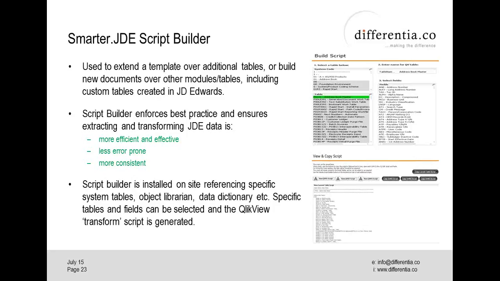So I developed the script builder to assist me with that process, and obviously recognised the benefits that this could be used for clients as well. The script builder would be installed on your site, against your system tables, object librarian, data dictionary, etc., which means that we would see the tables and the fields that are relevant not only to your specific release of JD Edwards, but also to incorporate any custom tables that you've created.